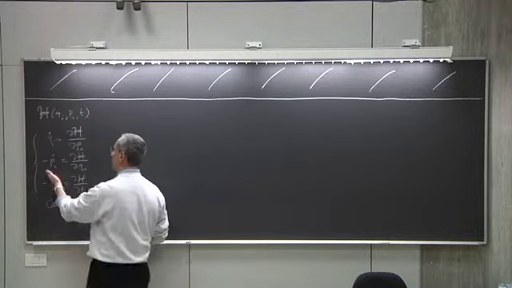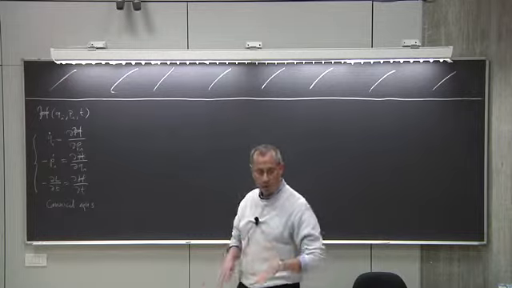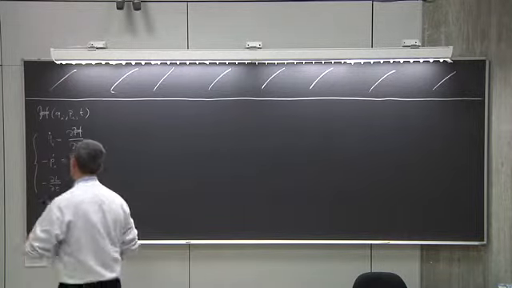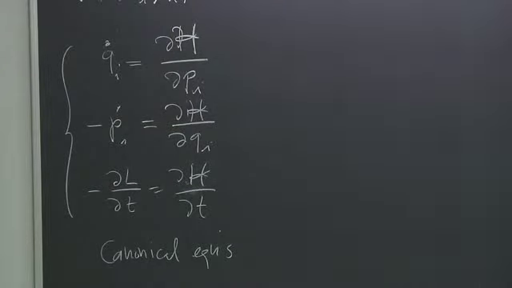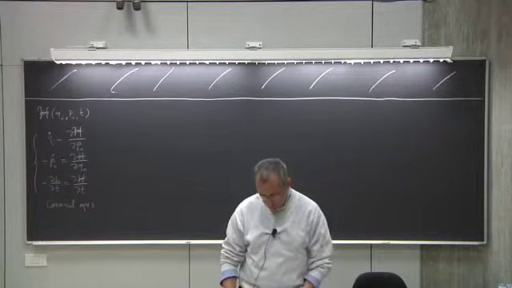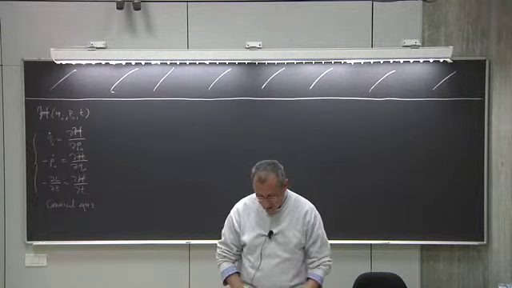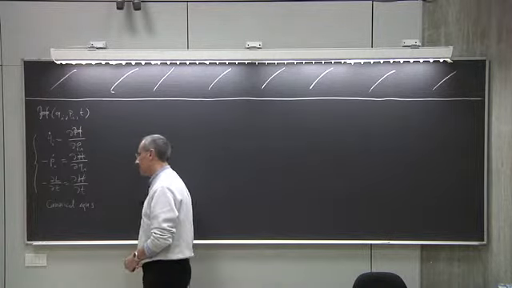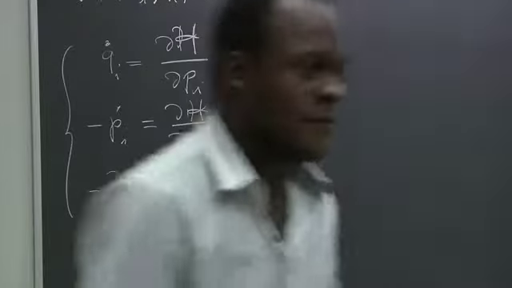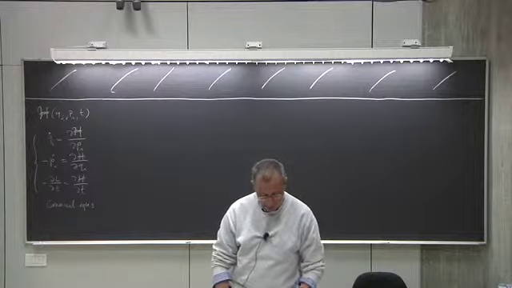You trade in some difficulties and you gain something. So you gain the fact that the differential equations are one order lower, but you have twice as many. So, well, it's up to you. But certainly this is a powerful point of view that has been used very much, and in fact it is the starting point of most of the physics that you are going to study.